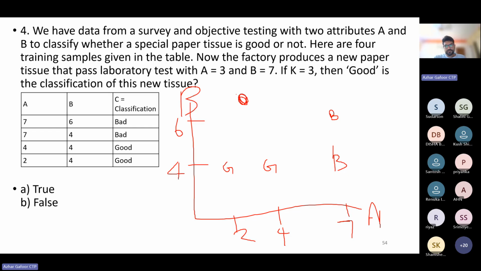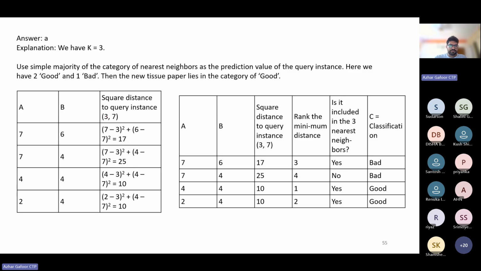What we need to do is first find the distance from each of these points. Here we are finding the squared distance to the query instance, that is (7 minus 3) whole square plus (6 minus 7) whole square.